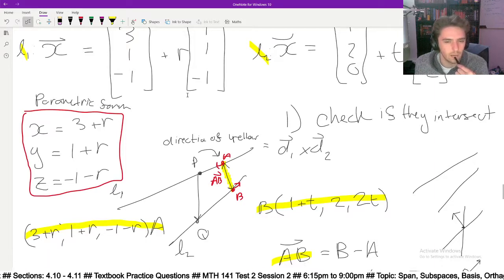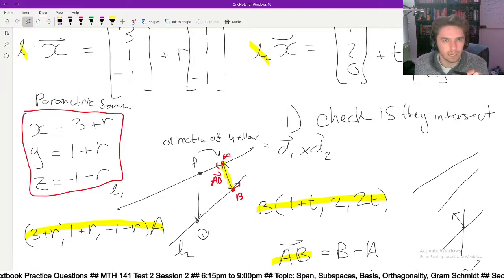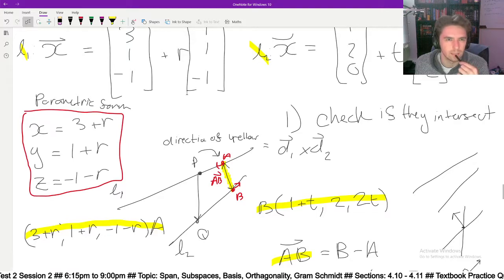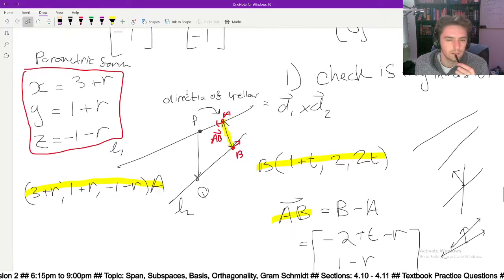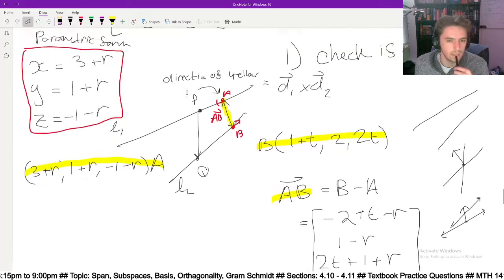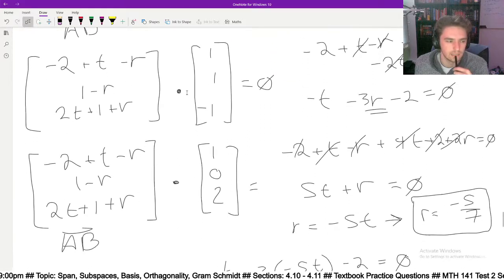I get how that's going to be perpendicular, but no, I guess that does mean shortest distance.